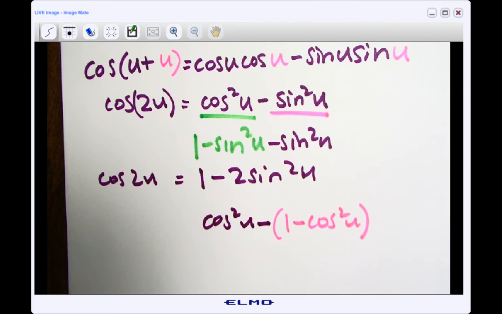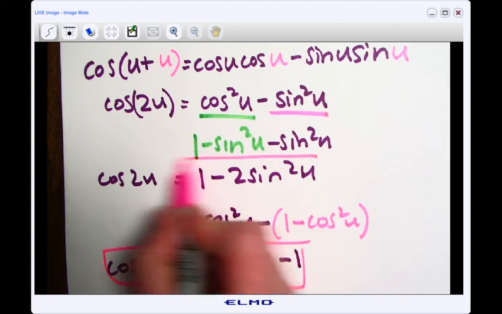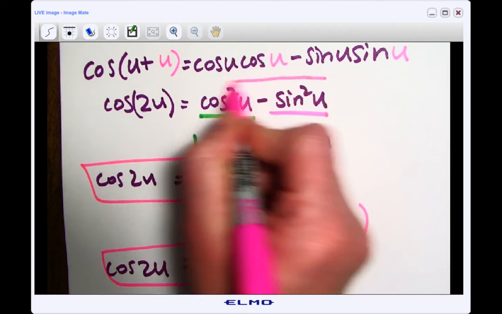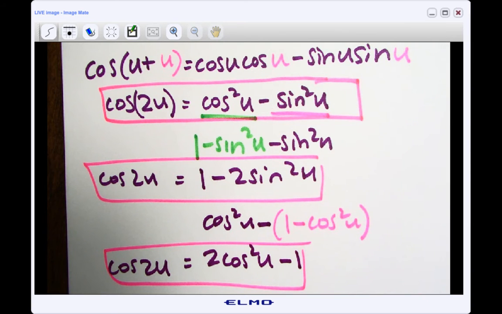Hopefully from here you can see that I would have cosine squared minus a negative cosine squared, so that would be 2 cosine squared, in other words, minus 1. So this is another way you may see the formula and another way that we use it. These three are the commonly used and commonly written double angle formulas for cosine.